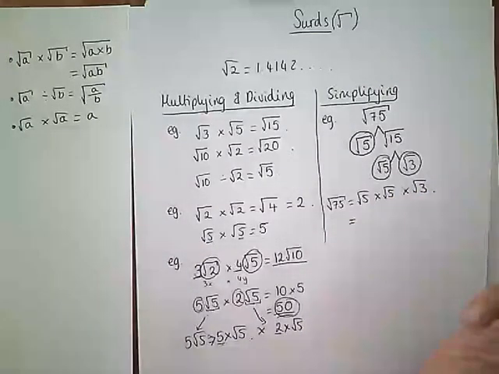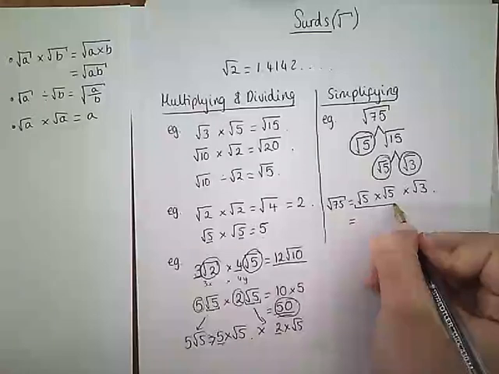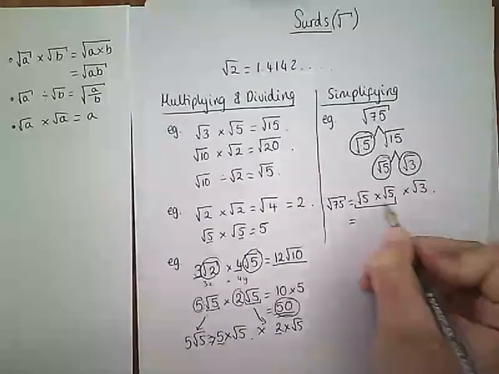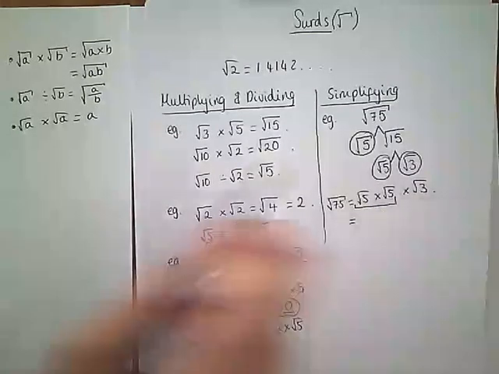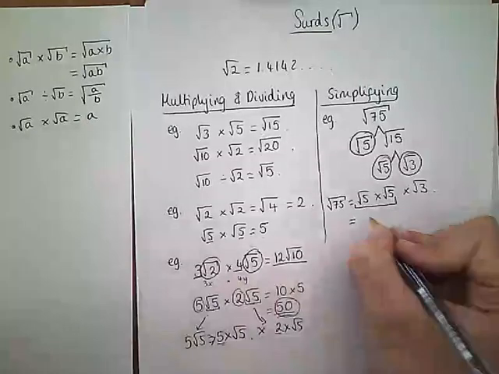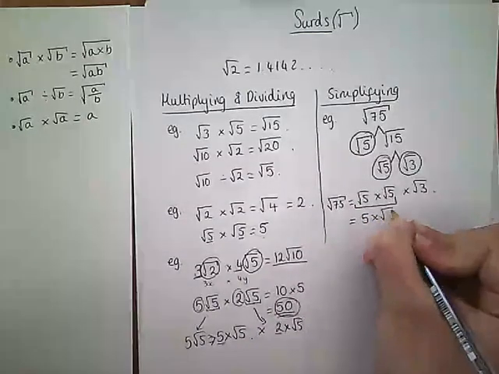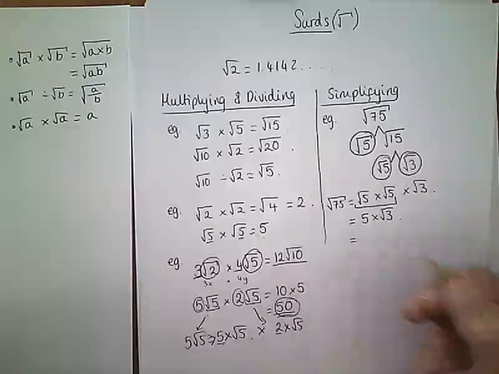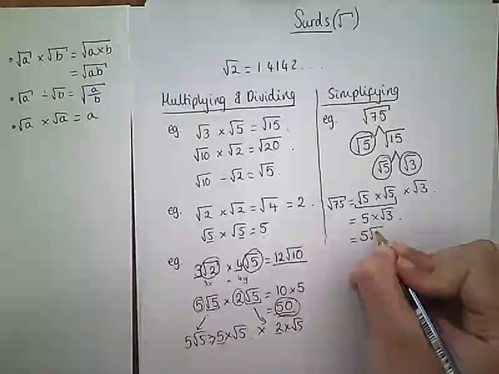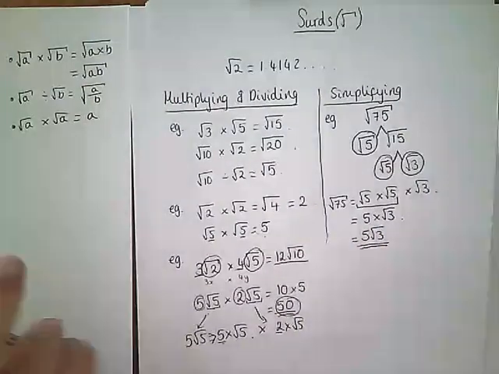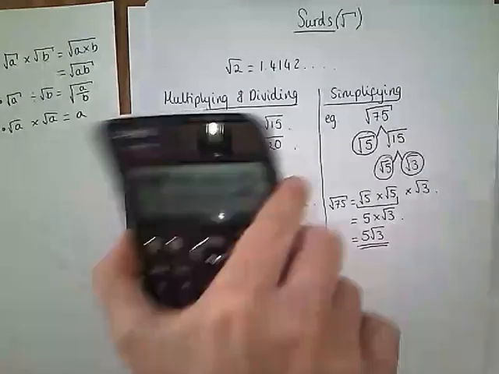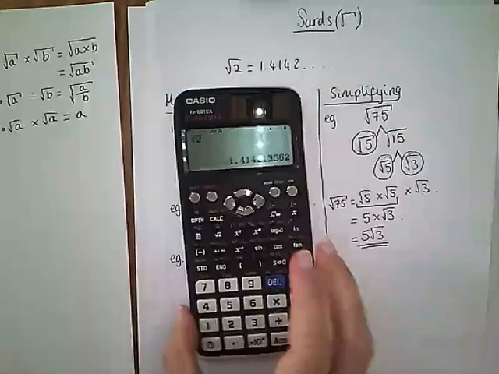Okay, what is root 5 times root 5? Well, if the numbers underneath the root are the same, we can use this rule. So that means that that is just 5, and I'm timesing it by root 3, so I can write that more simply as 5 root 3. If you don't believe me, let's just put it into our calculator. Can we see that all okay?